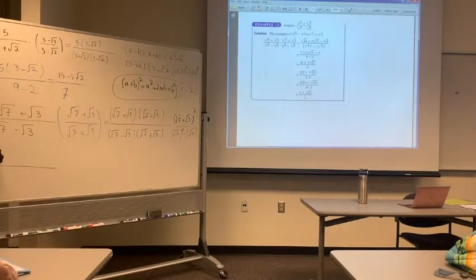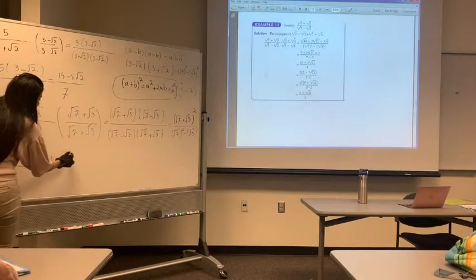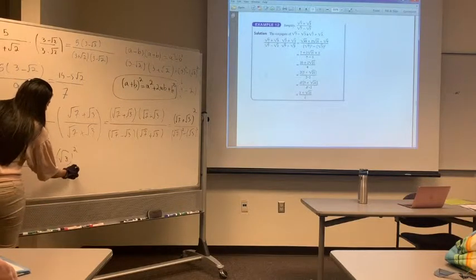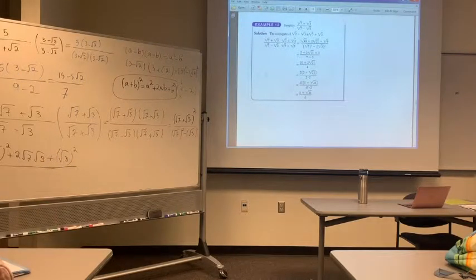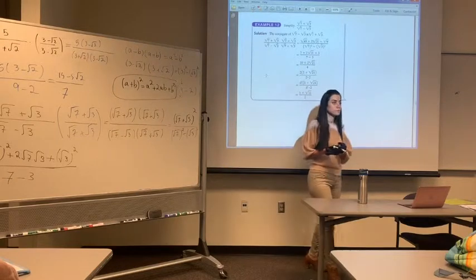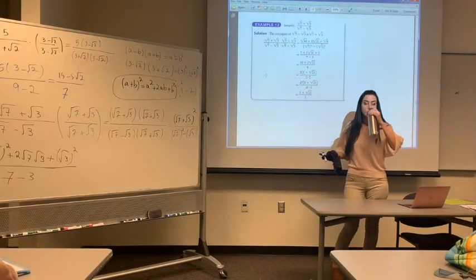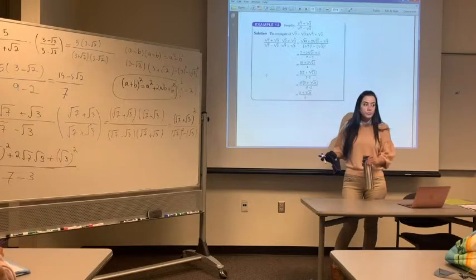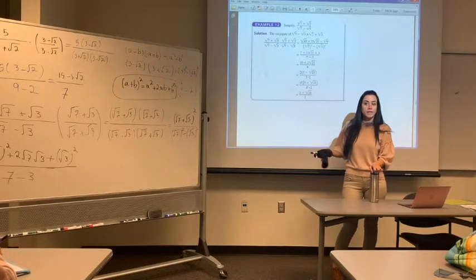So a squared plus 2 times ab plus radical 3 squared. In the denominator now, because radical 7 is to the power 2, it will be 7 minus 3. Is this correct?